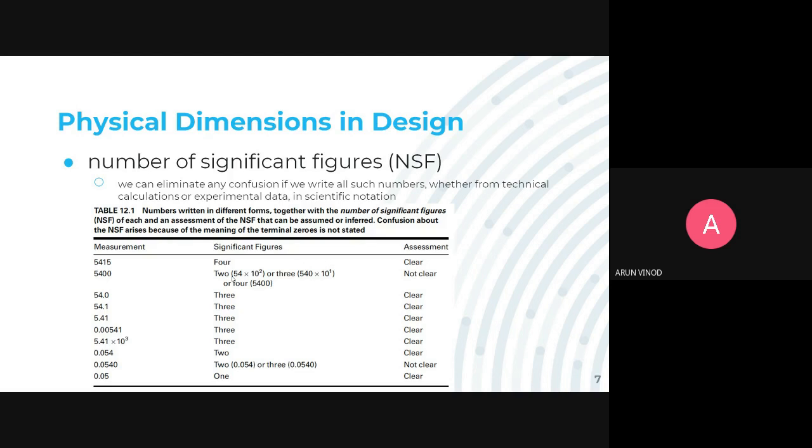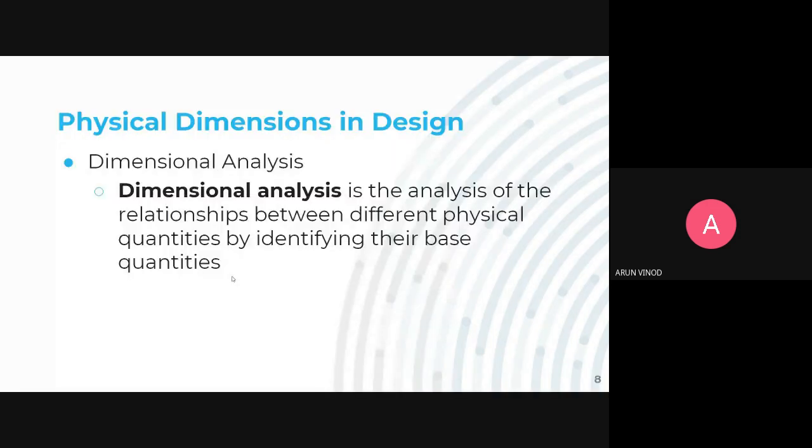Okay, fine. The next is dimensional analysis. That is what I told you, right? You have physical quantities or fundamental quantities, and you are converting those fundamental quantities into derived quantities. That is what is called dimensional analysis. So dimensional analysis is the analysis of the relationship between different physical quantities by identifying their base quantities.